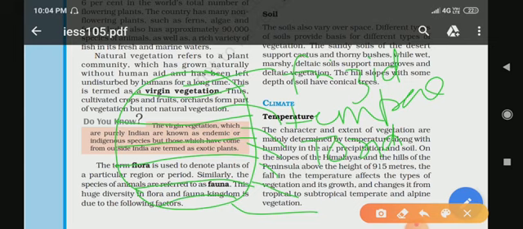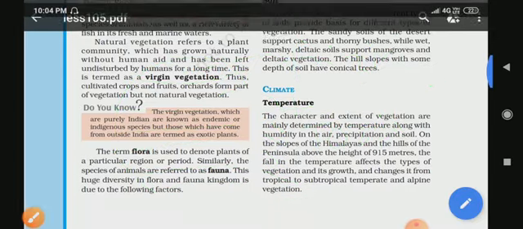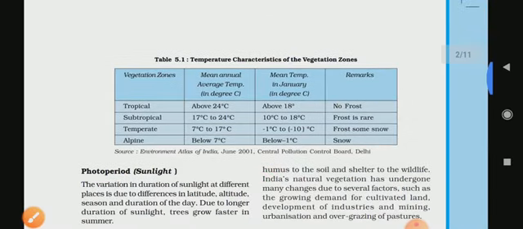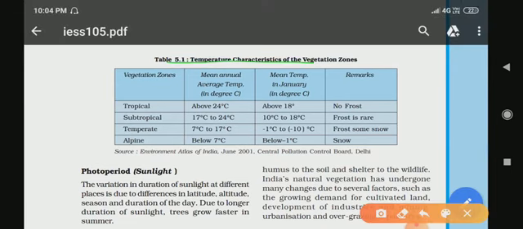So the role of temperature is very important. In the box here you can see the temperature characteristics of the vegetation zones.